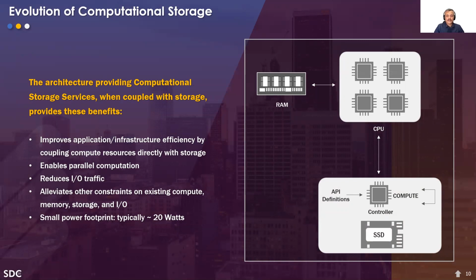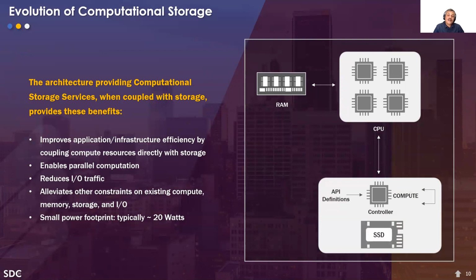And the API definitions, everything now gets moved into the compute only. So now all the data which is going to shuffle between the storage and the compute is within the same form factor. That's the typical 2.5-inch SATA form enclosure as defined.